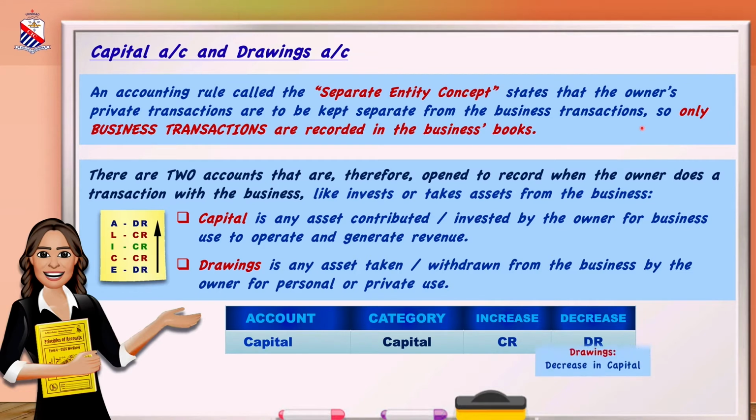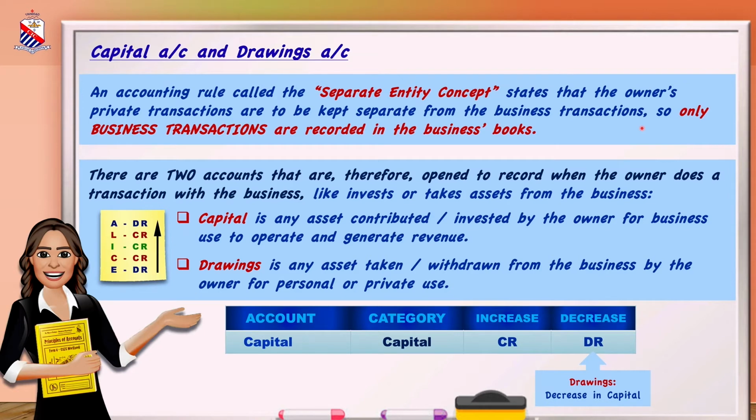We debit. Now remember, drawings is a decrease in capital. So in reality, every time the owner withdraws or makes drawings of any asset, we are supposed to go to the capital account and put it on the debit side.